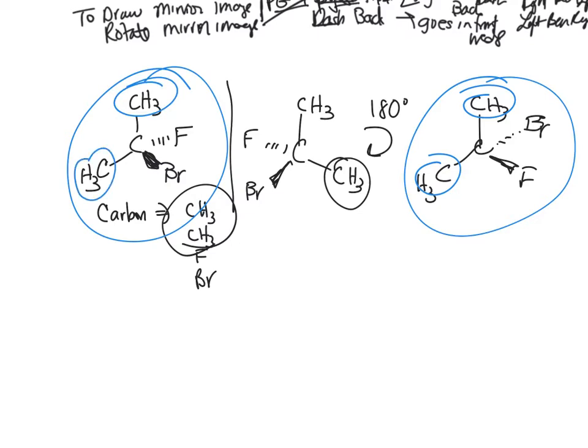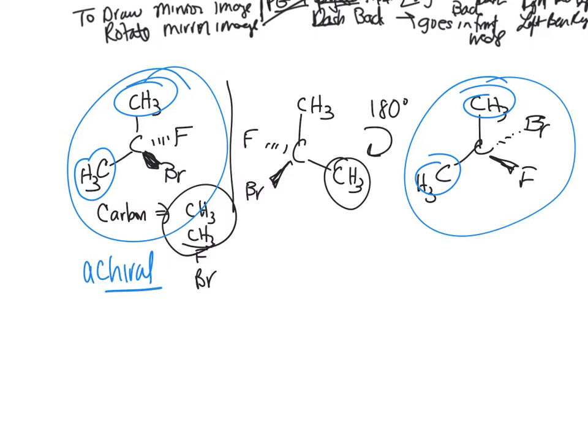So those are superimposable. You could turn this and superimpose those. So this molecule would be achiral, and that would mean its mirror image is superimposable.